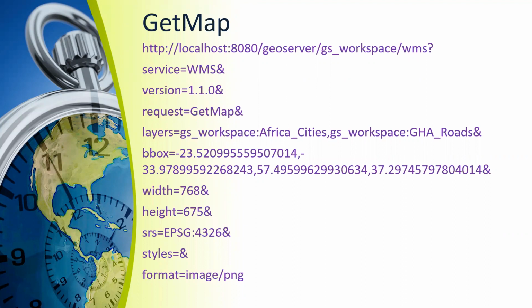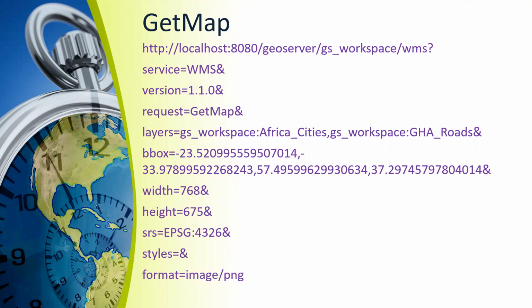So the style has nothing. But if you have a style on your server, you can add the style in here. And then you have the format. In this case, it will output the format as PNG, portable network graphics. The format can be image/JPEG, it can be PDF, and many others that are supported.